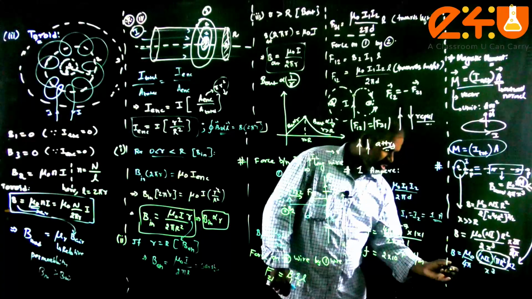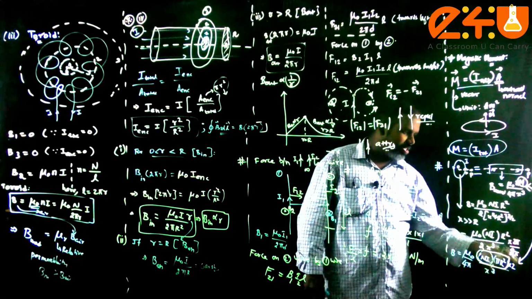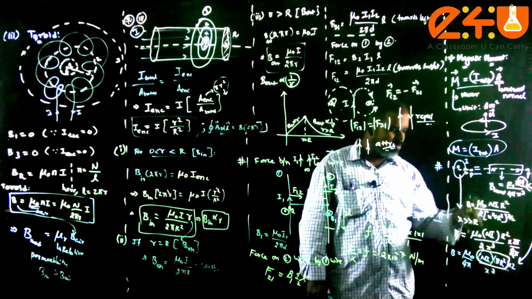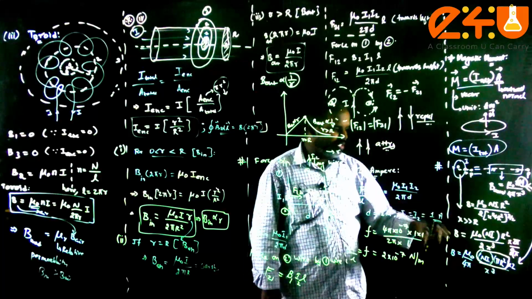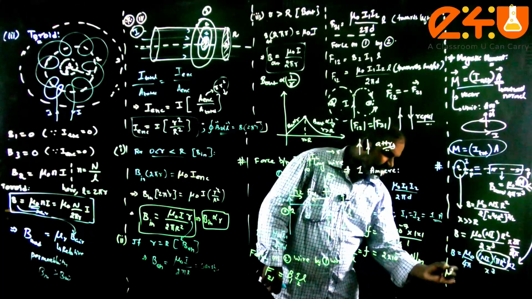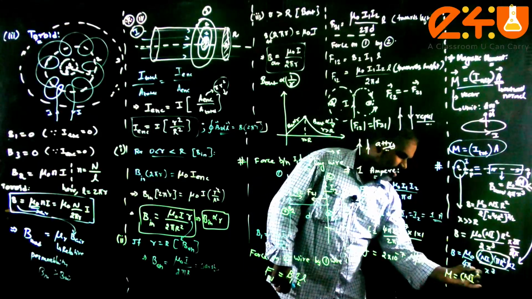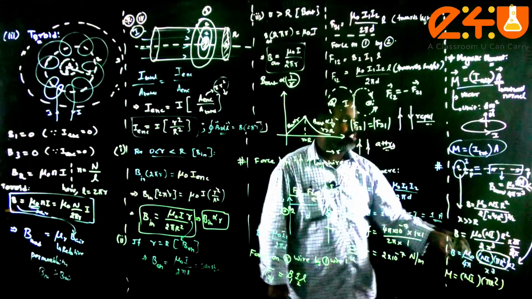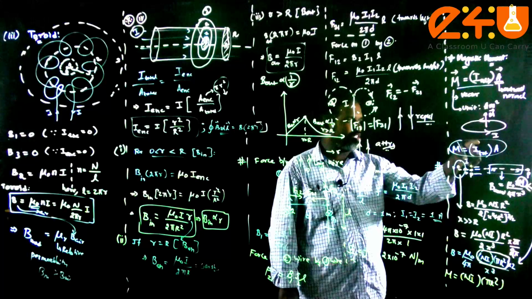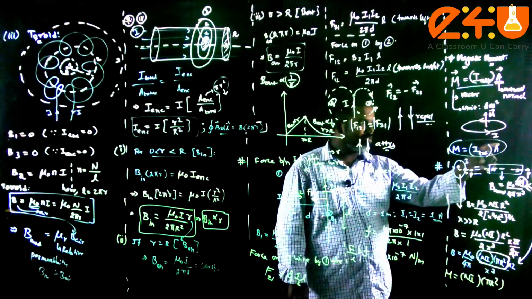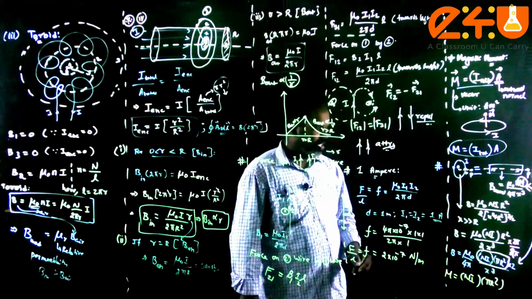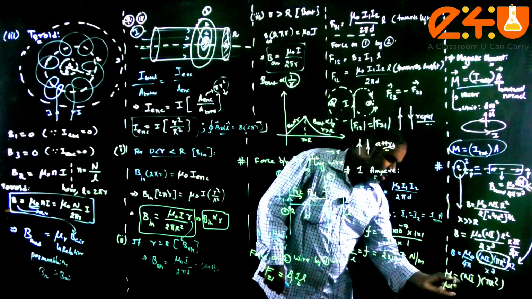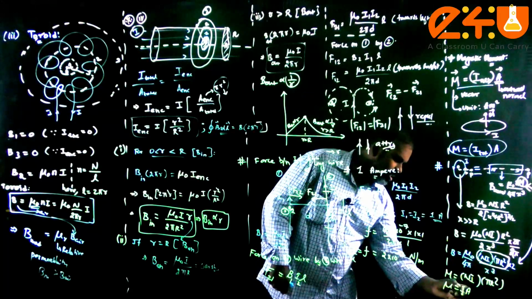So by comparing these two results, the axial field due to the bar magnet and the axial field due to the circular coil, we can say that m is equal to Ni into what, children? Pi r square. This Ni is nothing but the total current, and pi r square is nothing but A. Therefore m is equal to I net into A.